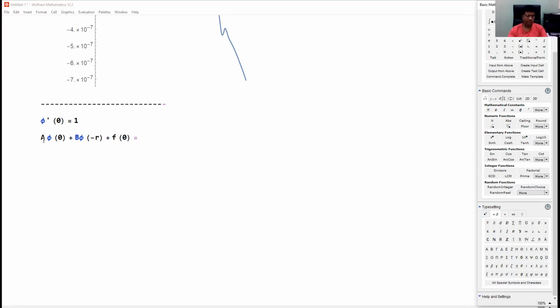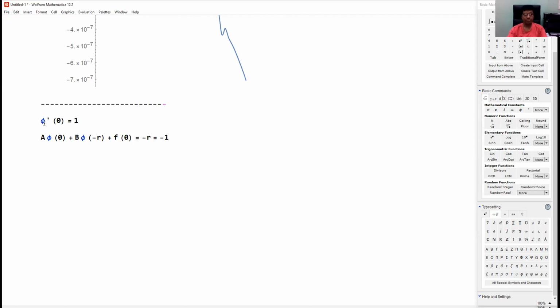This will be, a is 1, phi of 0 is 0. Okay, so this is 0. B is also 1, phi of minus r is minus r. Okay, so this is minus r. And f of 0 is also 0. So minus r means minus 1. Okay, so left hand side is 1 and right hand side is minus 1.